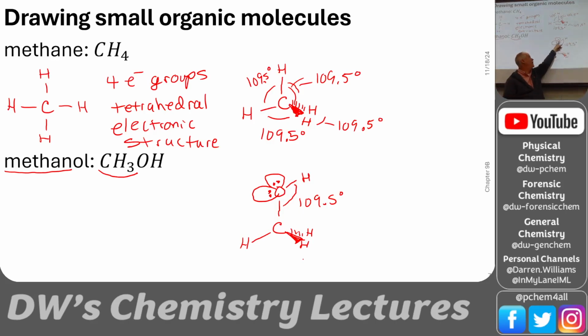Around the oxygen, 4 electron groups, also tetrahedral electronic structure. But this piece of the molecule is just bent. It doesn't have 4 atoms around it, but it's a tetrahedral electronic structure. So the electron cloud is that way, and then we have different things stuck on the ends.